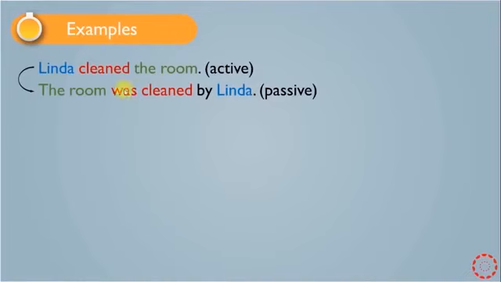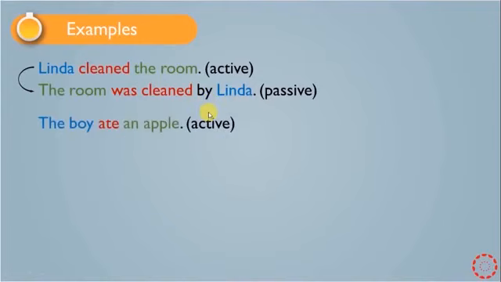We write the room, the object, at the beginning, and then because the room is singular, we write was, and then we write the past participle of the verb which is cleaned. It remains the same because it's regular, just take ed, and then you can mention the subject like that. You can say by Linda. This is the passive voice.